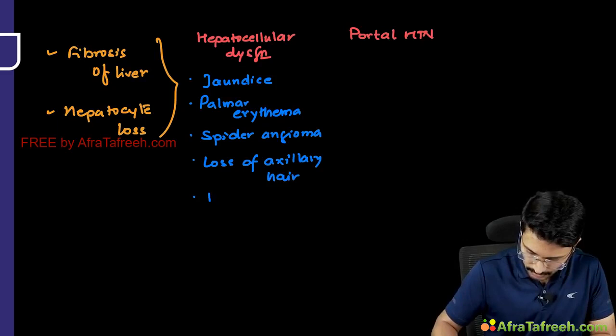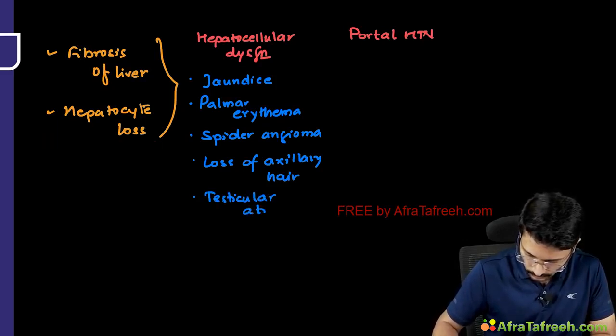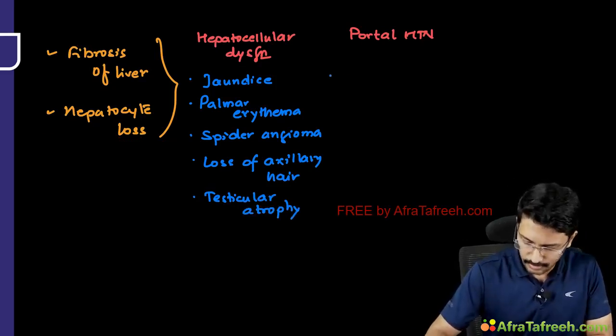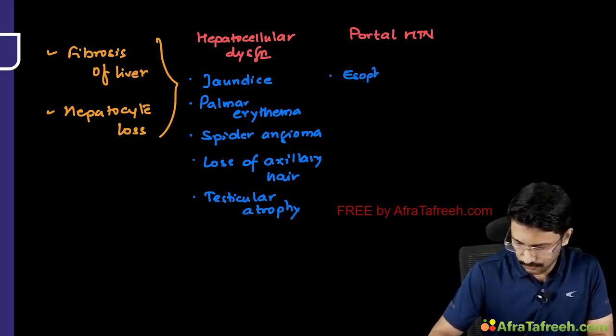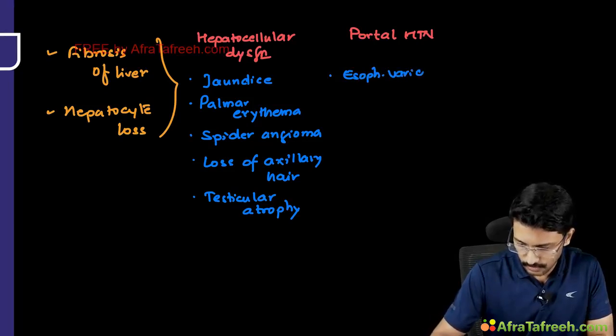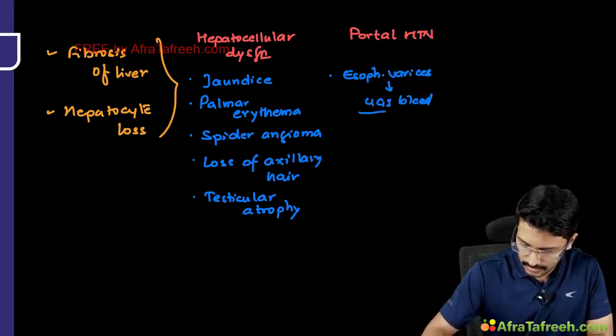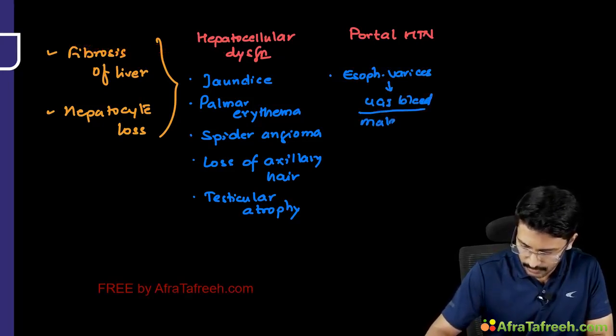They might have testicular atrophy. And due to portal hypertension, they can have esophageal varices, which can lead to upper GI bleed, which might manifest as either melena or hematemesis.